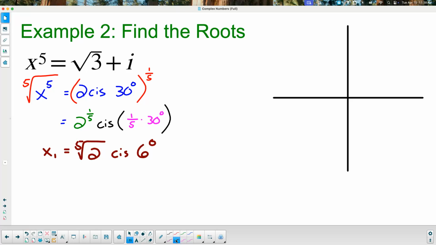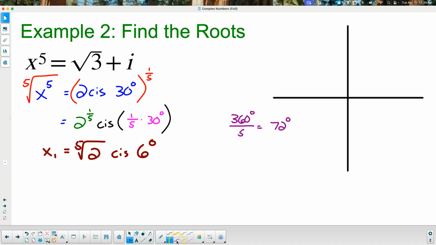I won't make you find the standard form for that one. Okay, we can leave it just like that. How many roots do we have? There's 5 of them, right? So what's 360 divided by 5? So that means I've got to add 72 to the angle measure, yes?